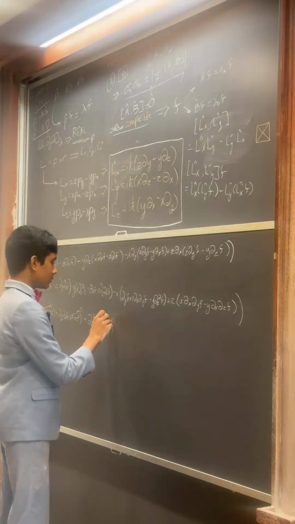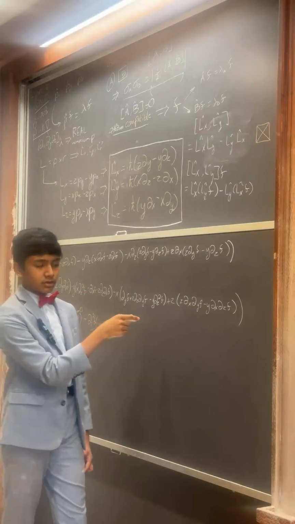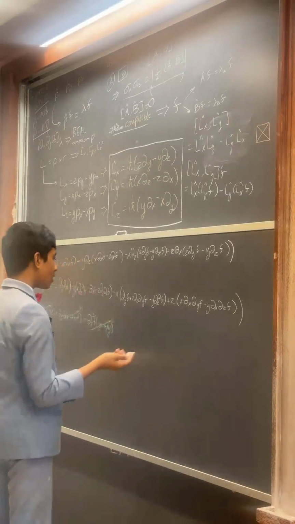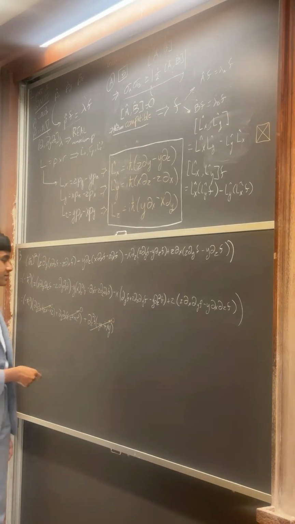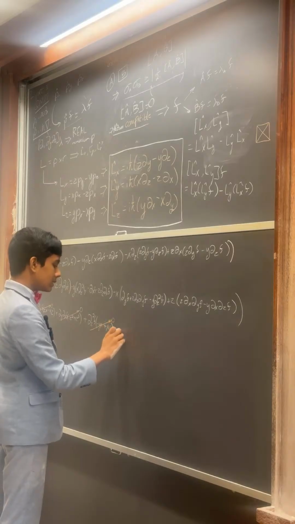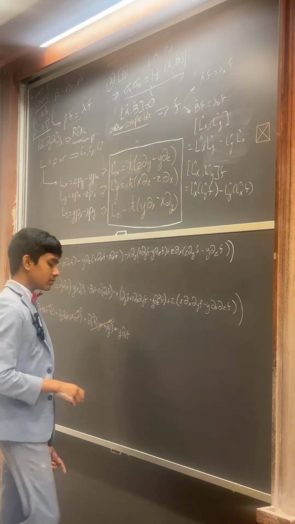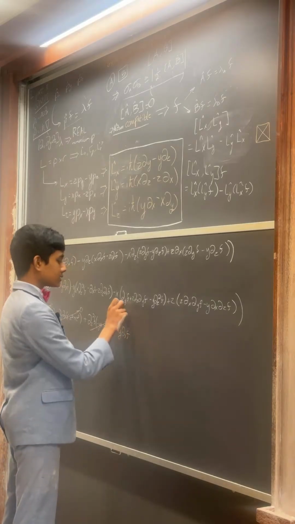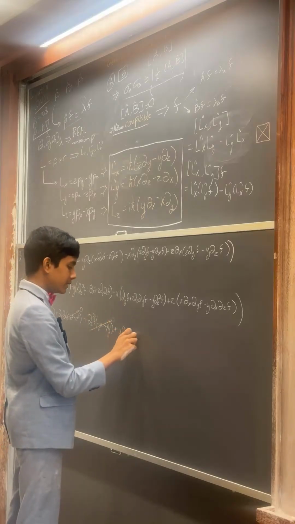Then we get a partial x f, but if you look everywhere else, it looks like there's not another partial x f. Which means that this is probably standing by itself. We'll leave it be as plus y partial x f. Then we keep going. There's a partial y f, and it's also standing by itself. So we'll leave it.